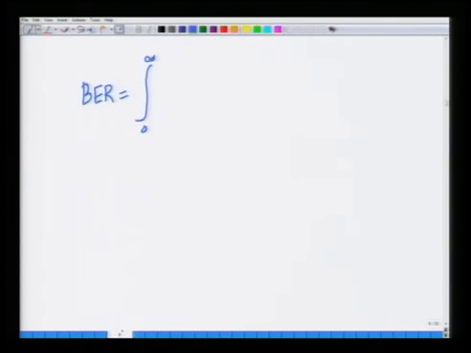Hence, this integral becomes 1 to infinity, times 2a e power minus a square, times a square root of mu times e power minus x square by 2.